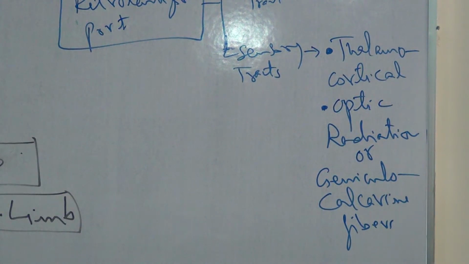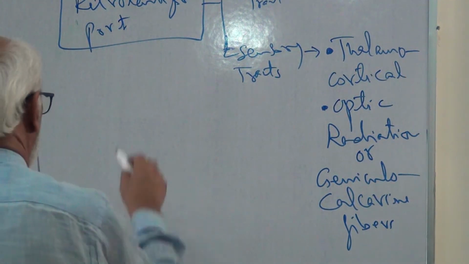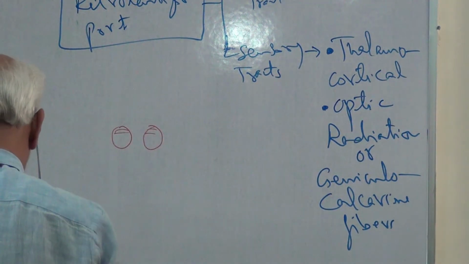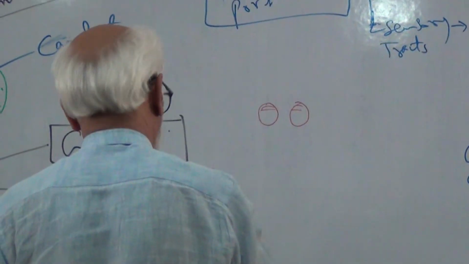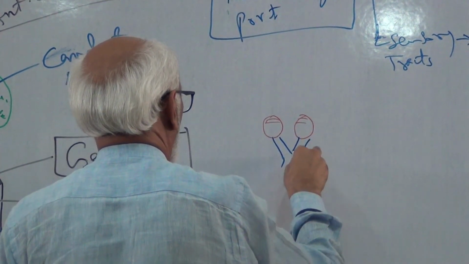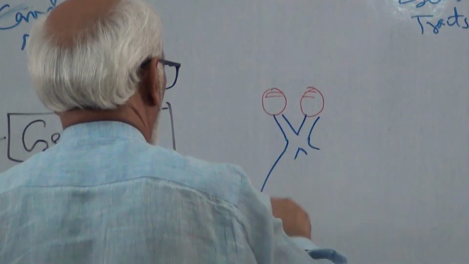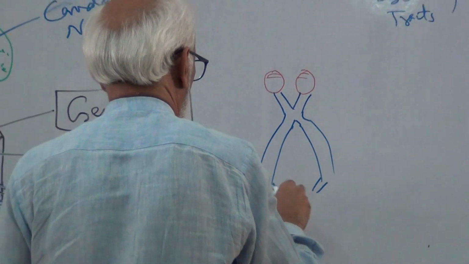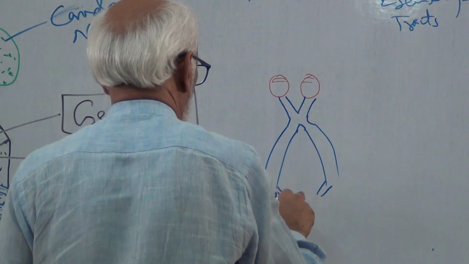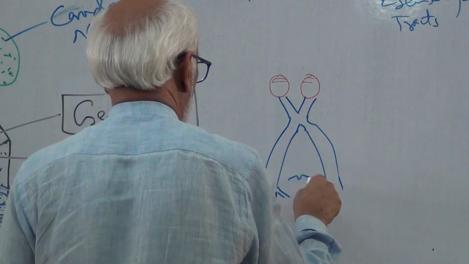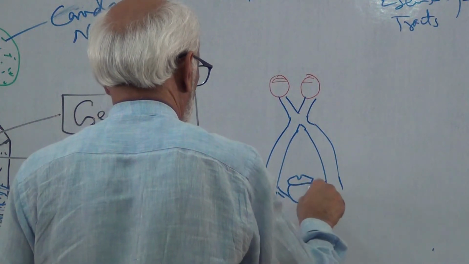You know the visual pathway: right and left eyeballs, then through the optic nerve, optic chiasma, and optic tracts, divided into medial root and lateral root. And here is the midbrain section.